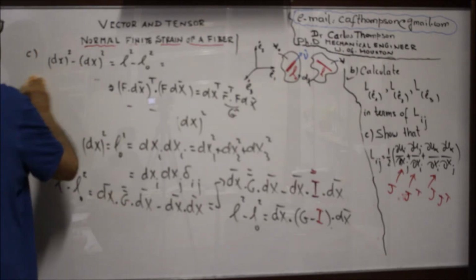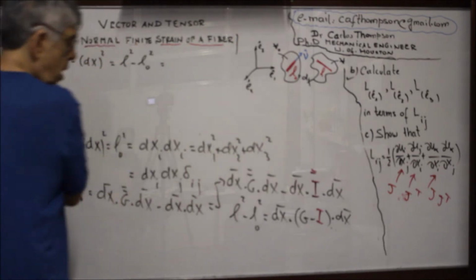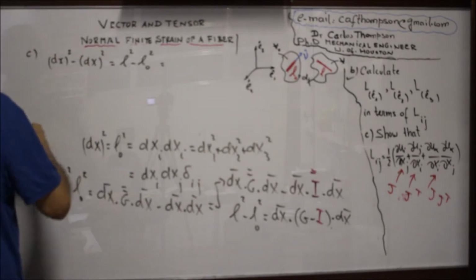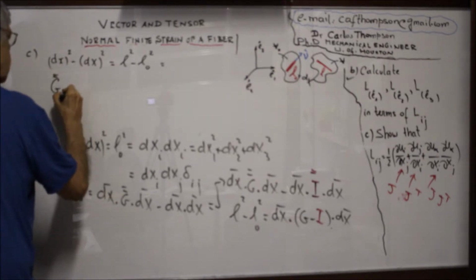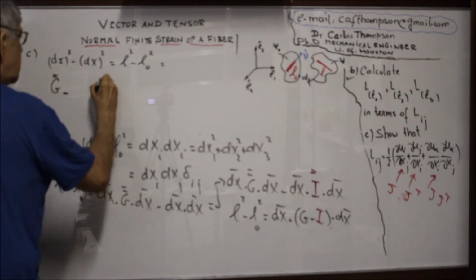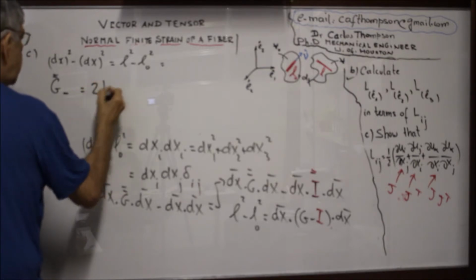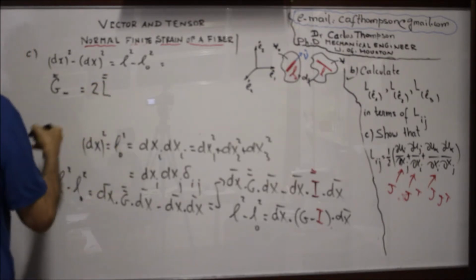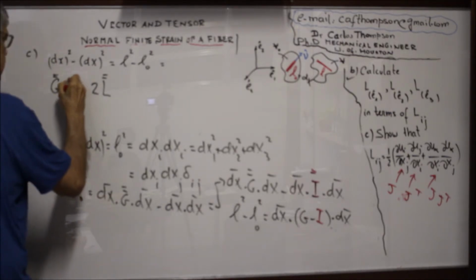Now, by definition, G minus I is equal to 2 times L, the Lagrangian tensor here. See?